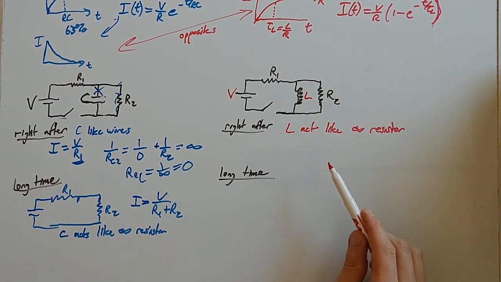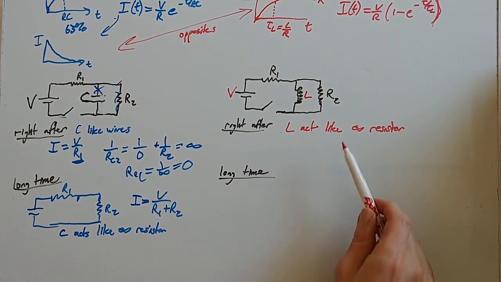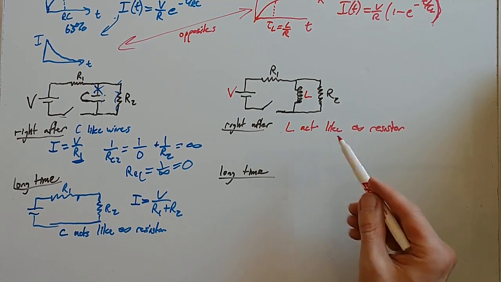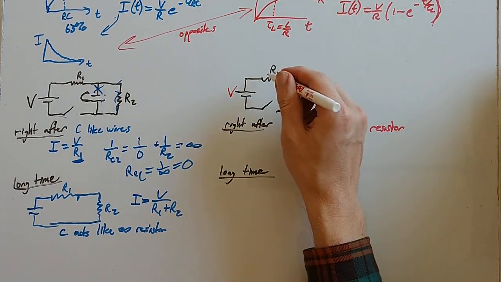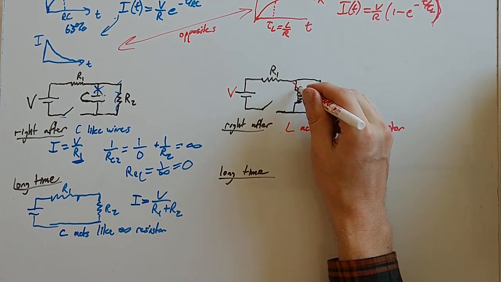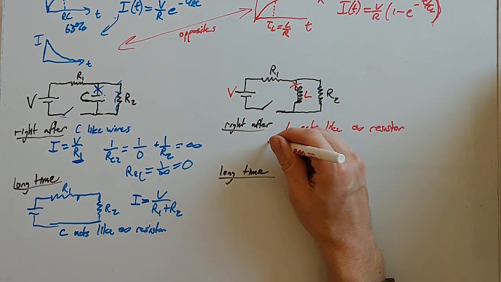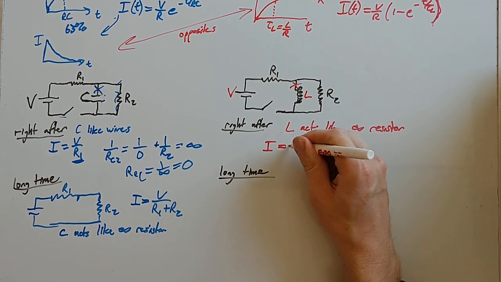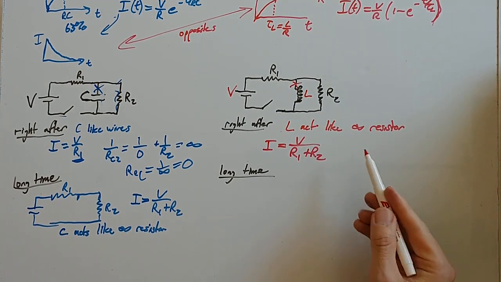I don't like the change. I'm going to fight back against that change. So if it's acting like an infinite resistor, that's like the long time case of the capacitor. Then nothing flows through here, and I just get this series circuit again with R1 and R2, and I must be V over R1 plus R2.